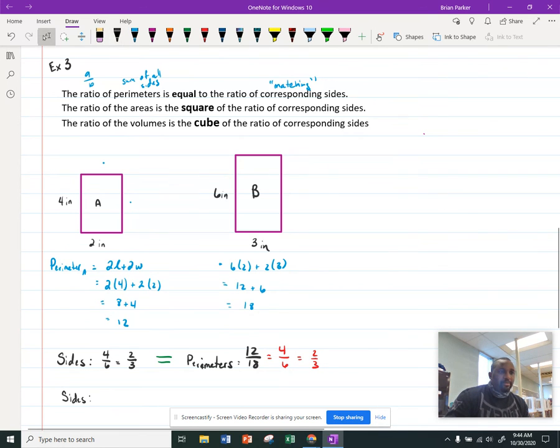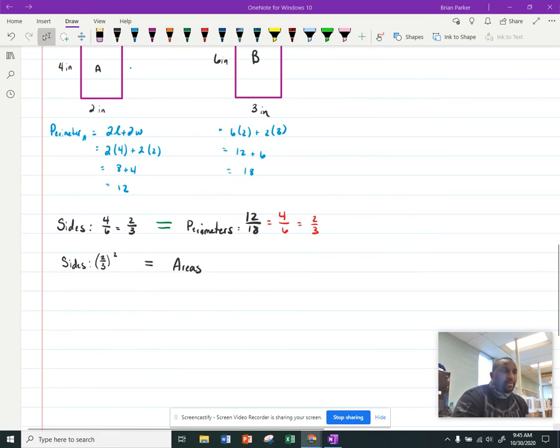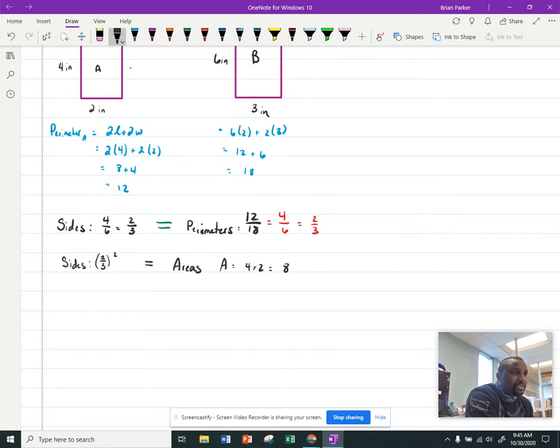The area of A is 4 times 2, which is 8, and the area of B is 6 times 3, which is 18. And so the ratio of the areas is 8 over 18.